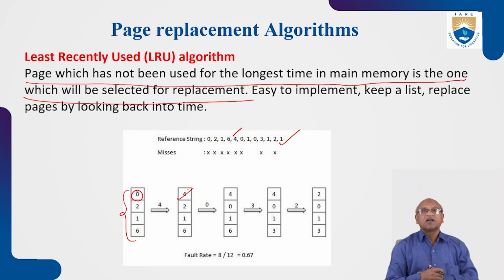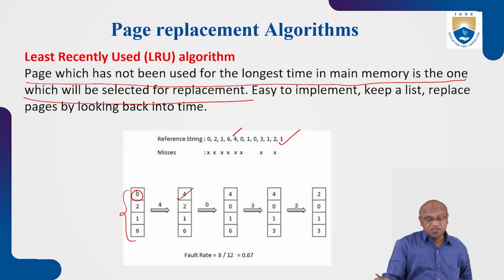This is the condition or constraint of the least recently used page replacement algorithm: the page which has not been used for the longest time in memory is the one selected for replacement.